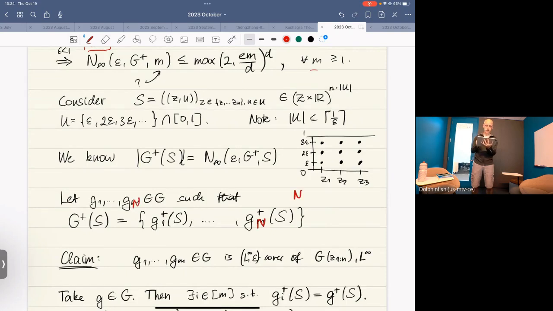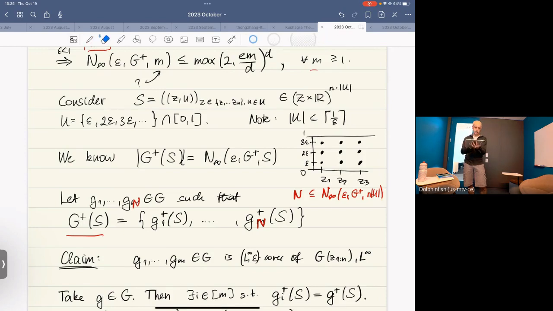Because we know that in this cover, we can't have more than, and here I have to write n times the cardinality of U. So if we consider how many behaviors we get, we can only get this many behaviors. So there exist this many functions such that they produce all the behaviors.